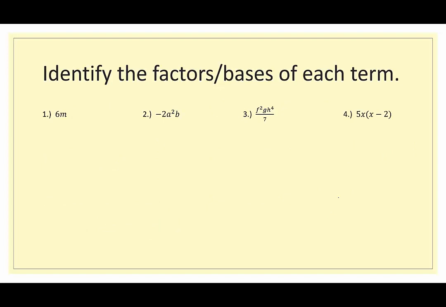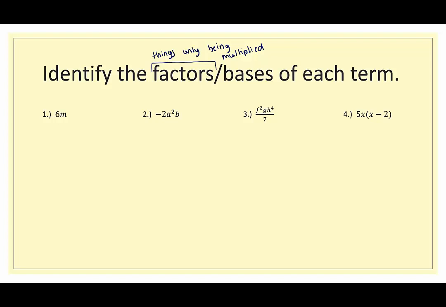Okay, so we're going to identify the factors and the bases of each term. The factors are the things that are being multiplied. So in a term, factors are the things being multiplied, and that's the only thing that's happening to them. Things only being multiplied. And the bases are the things that are separated by multiplication, but they might have exponents.